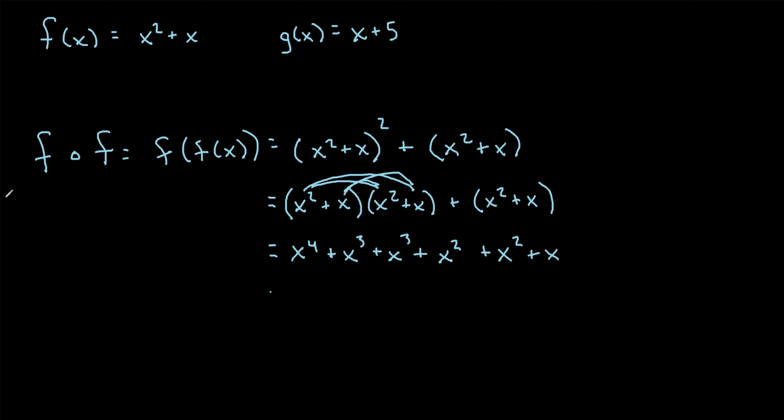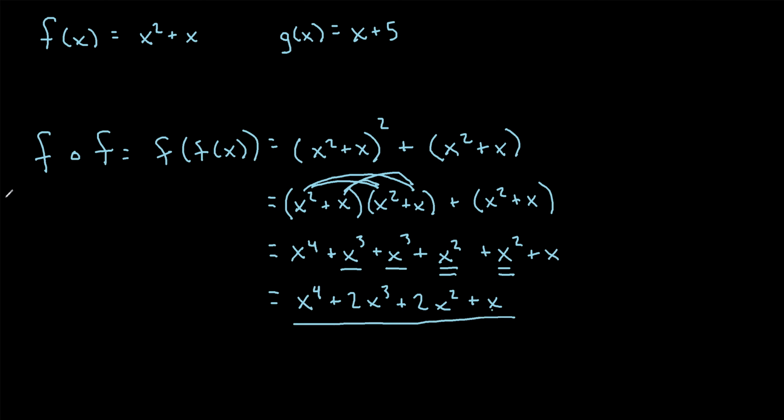So now let's combine like terms. So we have an x to the 4th, x to the 3rd plus x to the 3rd, that's 2x to the 3rd, plus x squared plus x squared, that's 2x squared, plus we just have the single x at the end. So that is our final answer. That is f of f.